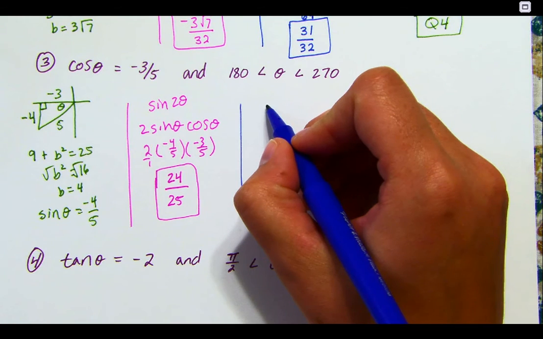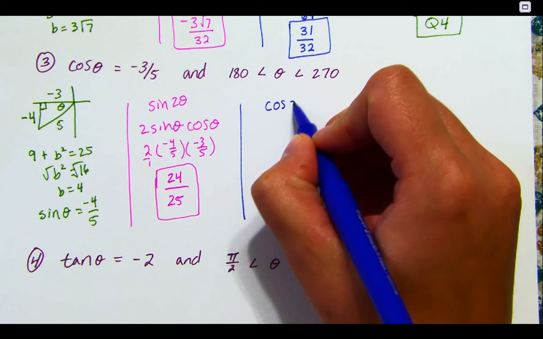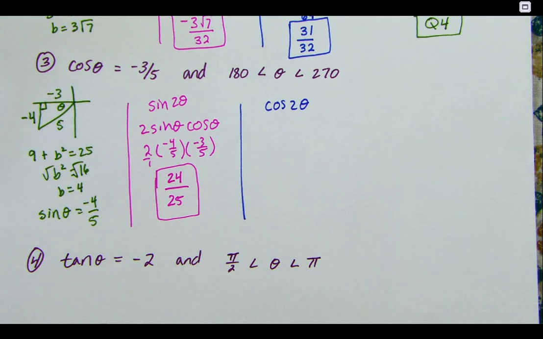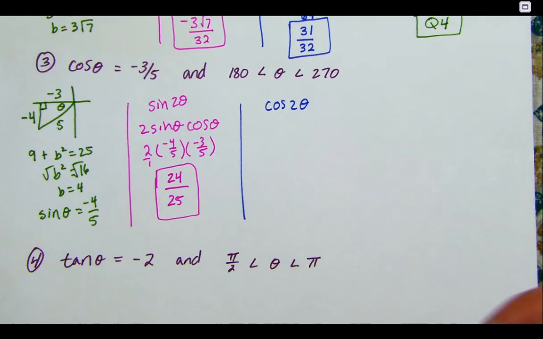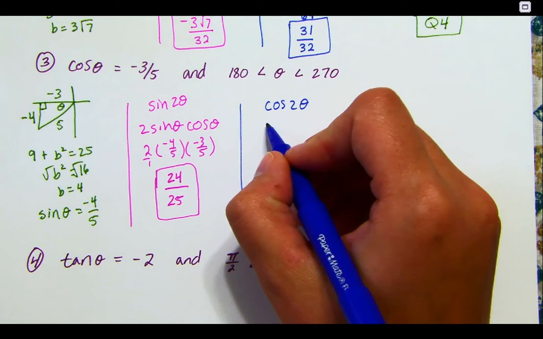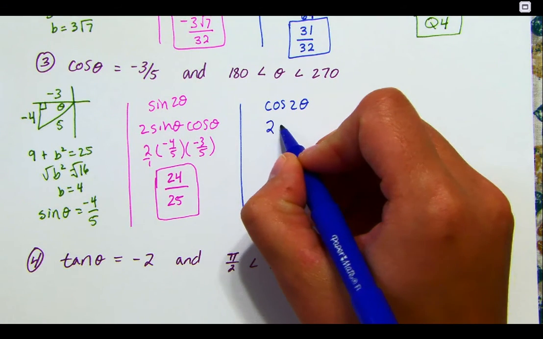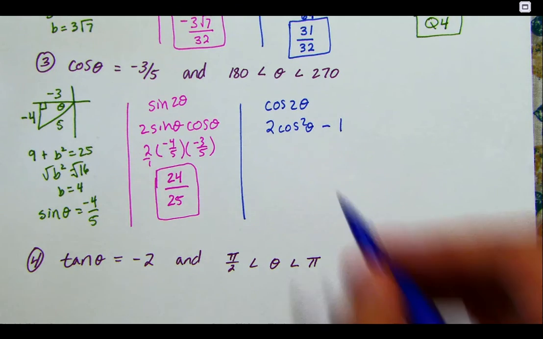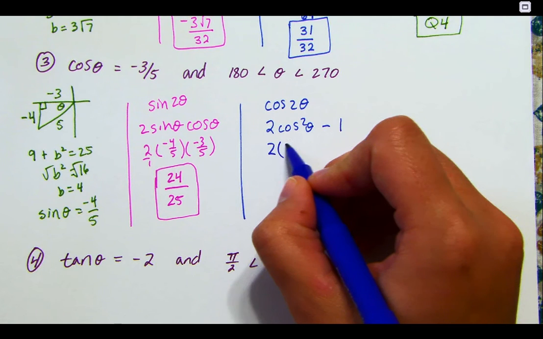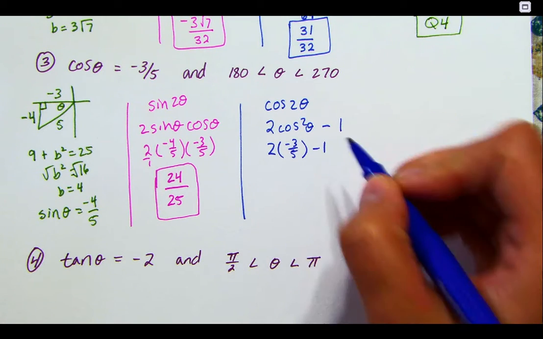And let's see, so next we are finding cosine of 2 theta. So I'm deciding which formula to use. Now since I was given cosine this time, I'm going to use the middle formula. But it does not matter which one you choose, we'll get the same answer no matter what. So this is 2 cosine squared theta minus 1. So we will have 2 times -3/5 minus 1.